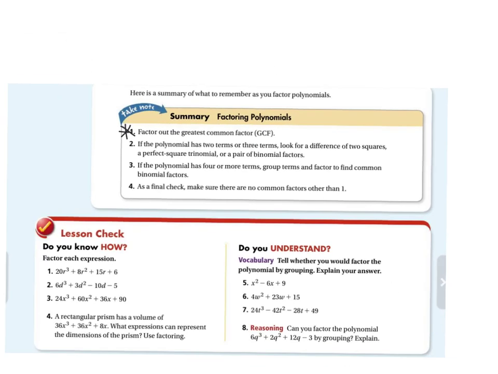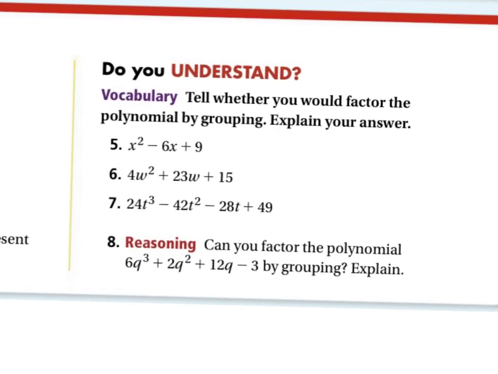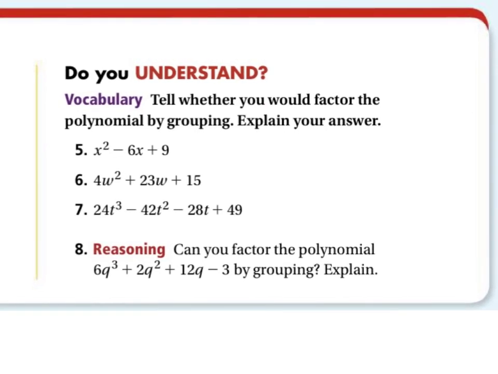So if we look on the lesson check, we're going to look at the second part here. Tell whether you would factor the polynomial by grouping and explain your answer. So this first one, we would not factor by grouping because it's not 4 terms.